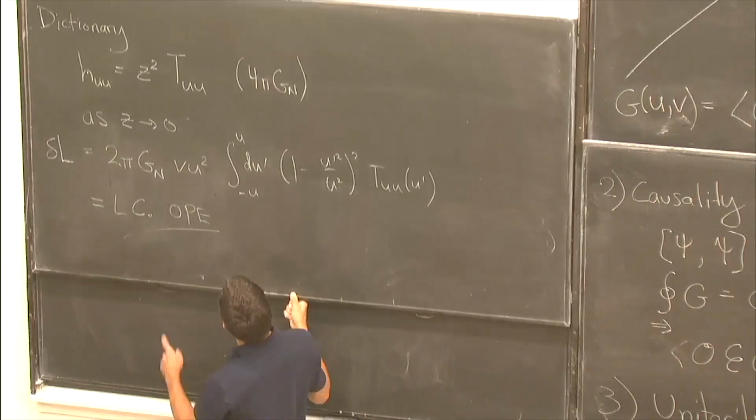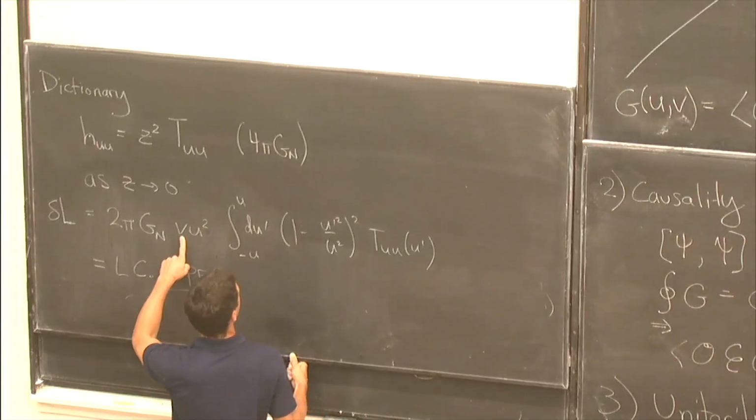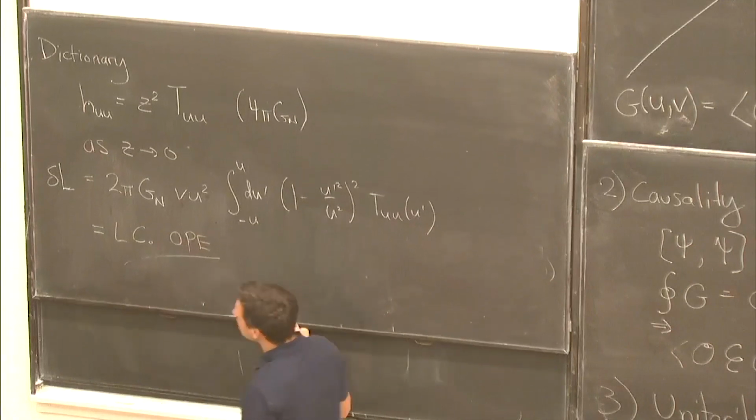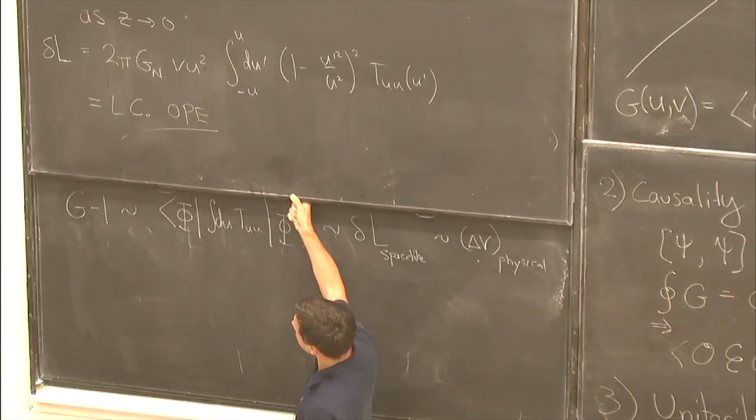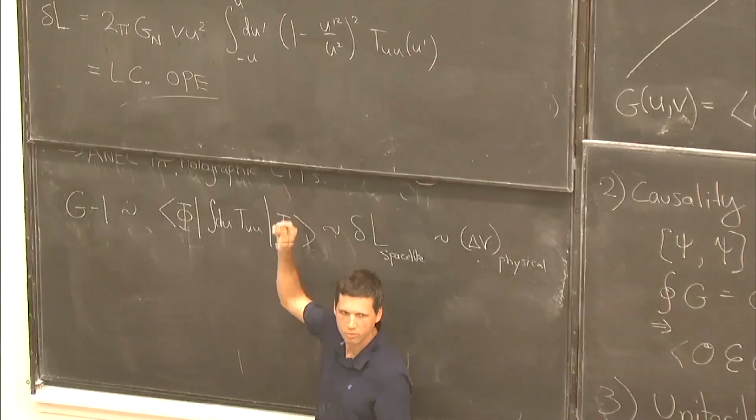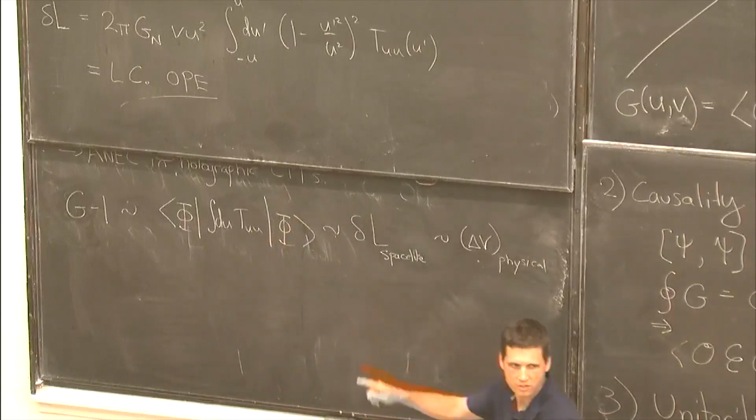Sorry, no, let's see. A scalar will be suppressed in V. Actually, in this argument, I'm not sure what to do about the scalar. When we come to the CFT argument, then we'll be able to get rid of the scalar. I'm not sure what to do in this case.